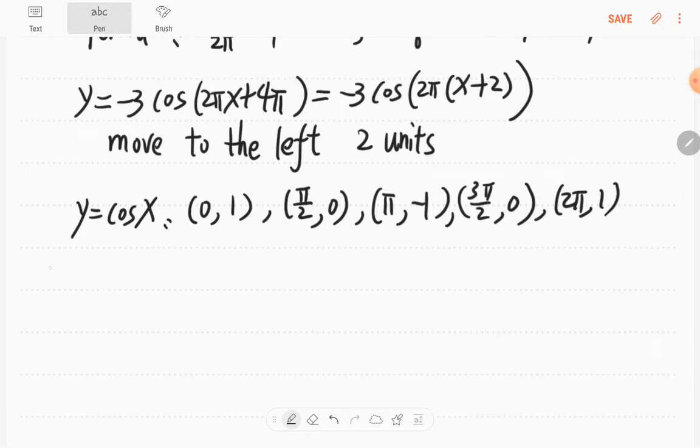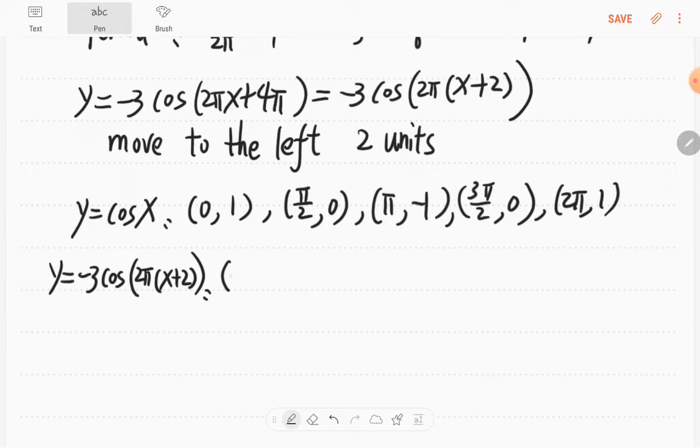Our problem becomes negative 3 cosine in this form, which tells you that we move the points to the left by 2 units.